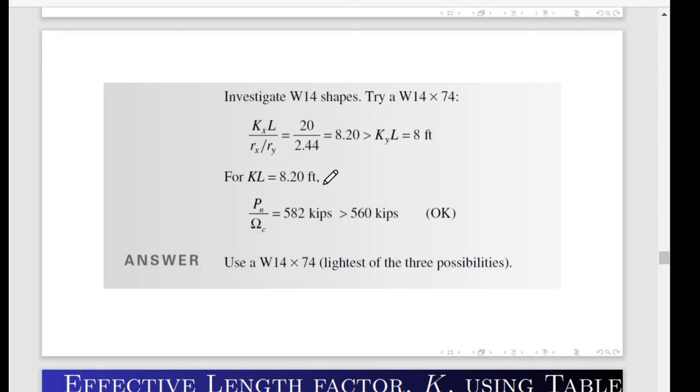For 8.20, you can actually make it 9, or you can use this 8.20 to interpolate. Then you will get the value of your allowable strength, which is greater than 560 kilopounds. So, same as with LRFD, use W14 by 74, which is the lightest of the three possibilities for ASD.